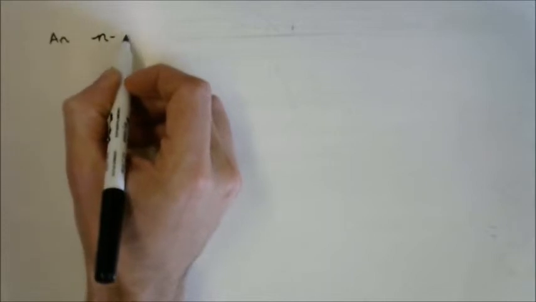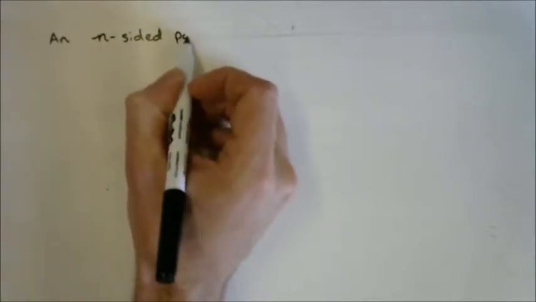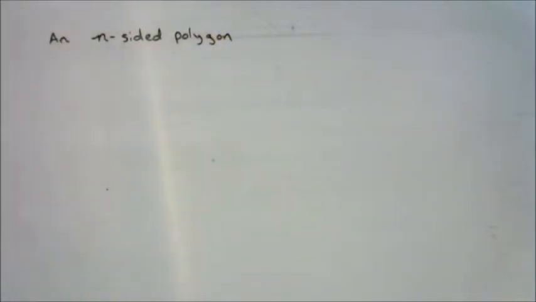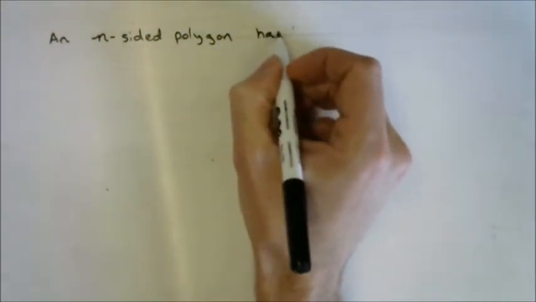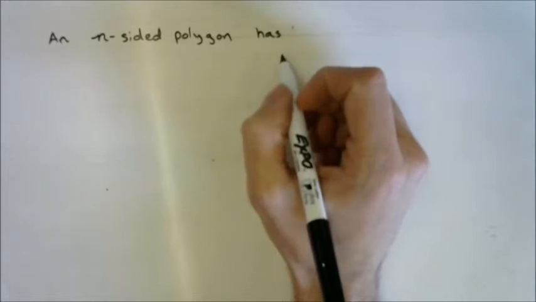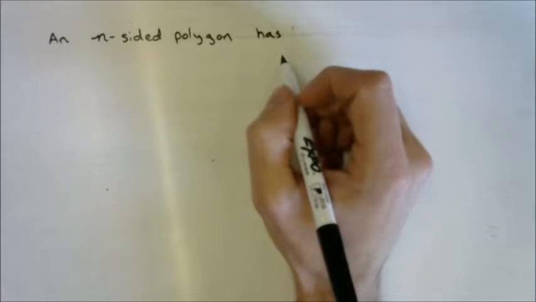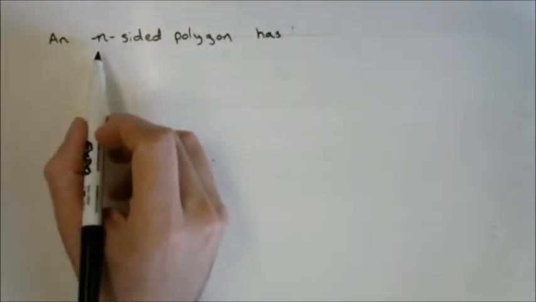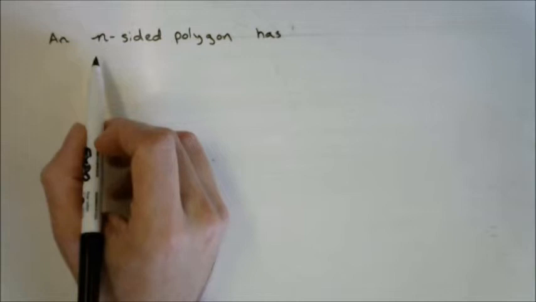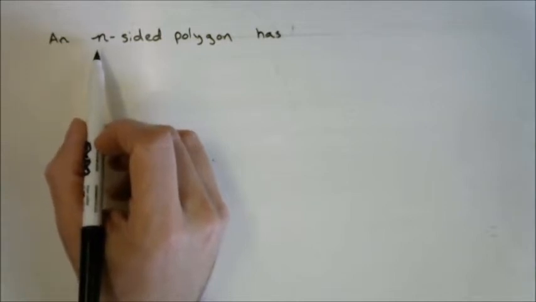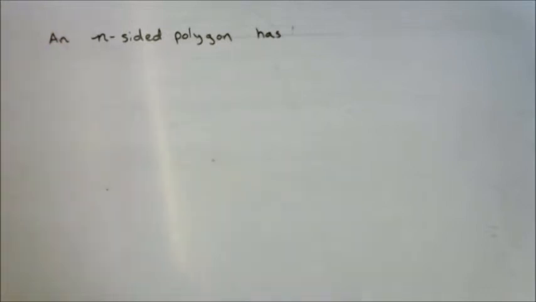Here we go. We don't know how many sides, so we're looking for an n-sided polygon. How many interior angles does an n-sided polygon have? If it had 7 sides, how many angles would it have? 7.